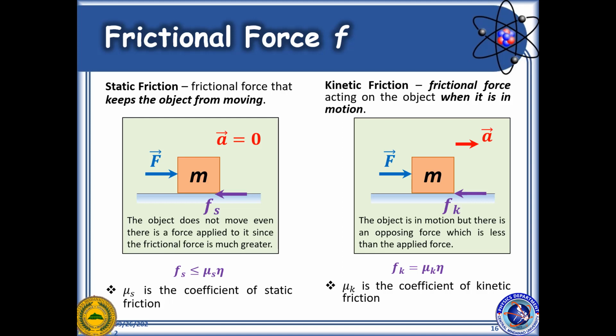And then kinetic friction is the frictional force acting on the object when it is in motion. So the object is in motion, but there is an opposing force which is less than the applied force. F sub k is equal to mu sub k multiplied by the normal force, where mu sub k is the coefficient of kinetic friction.